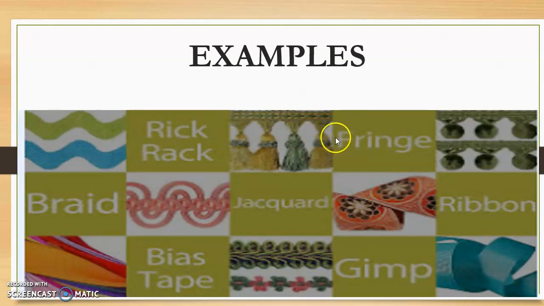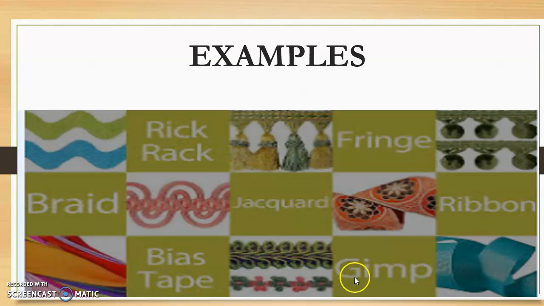We have French. The pictures are not very clear, but I hope we can manage. Then we have braid. Braid is here. This is another type of French. We have the jacquard ribbon. Then we have bias tape, bias binding, that is used at the edge of garments and articles.